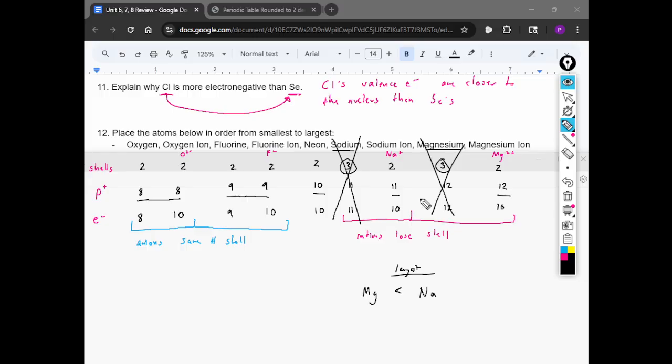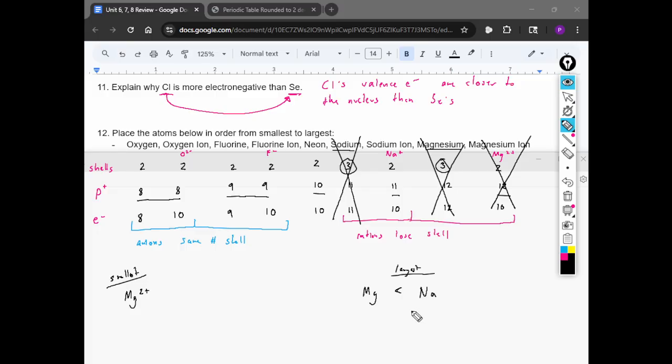So the ones with more protons are going to be smaller. Which one of these atoms is going to be the smallest? Mg2+. Yeah, the smallest one is magnesium's ion because it has the most protons. Most protons, same shells, it pulls the electrons in, and therefore Mg2+ is going to be your smallest.